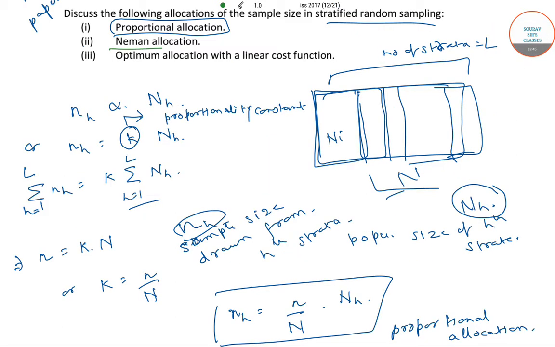Now next is Neyman's allocation. In Neyman's allocation, along with the population size of the stratum, we also take into consideration the stratum variability. In proportional allocation, we only take into consideration the size of the population.